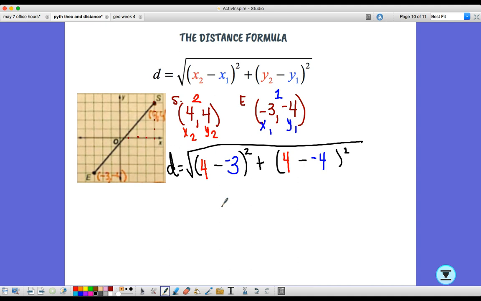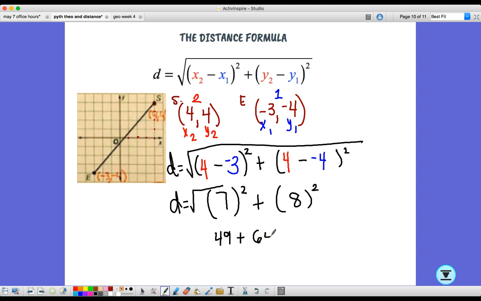Then I'm going to simplify what's in the parentheses before squaring it. So 4 minus -3 is +7. And 4 minus -4 is 8. And I'm going to square them, then take the square root of them. So 7 squared is 49. 8 squared is 64. I still need to add them together. So 49 plus 64 is 113.